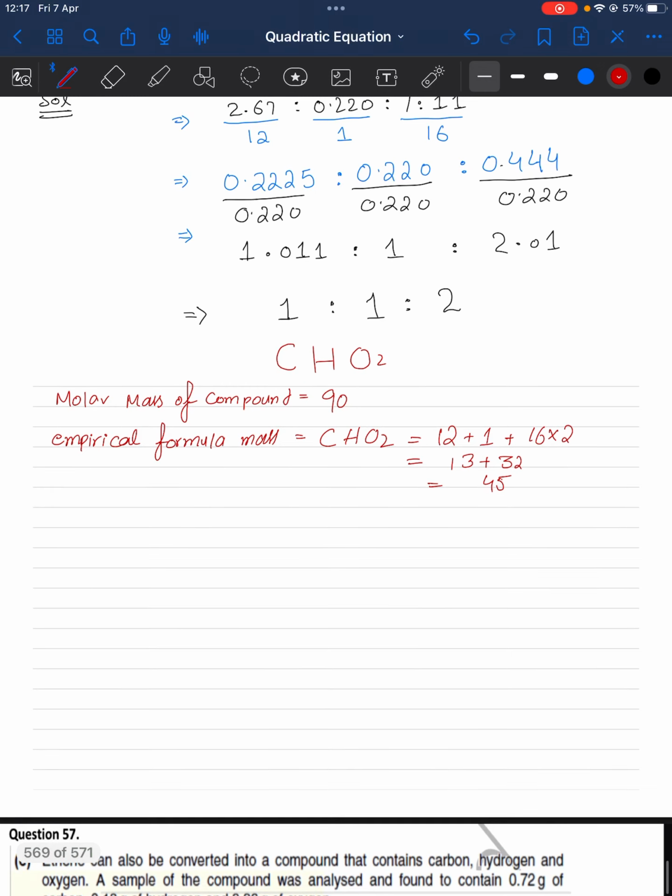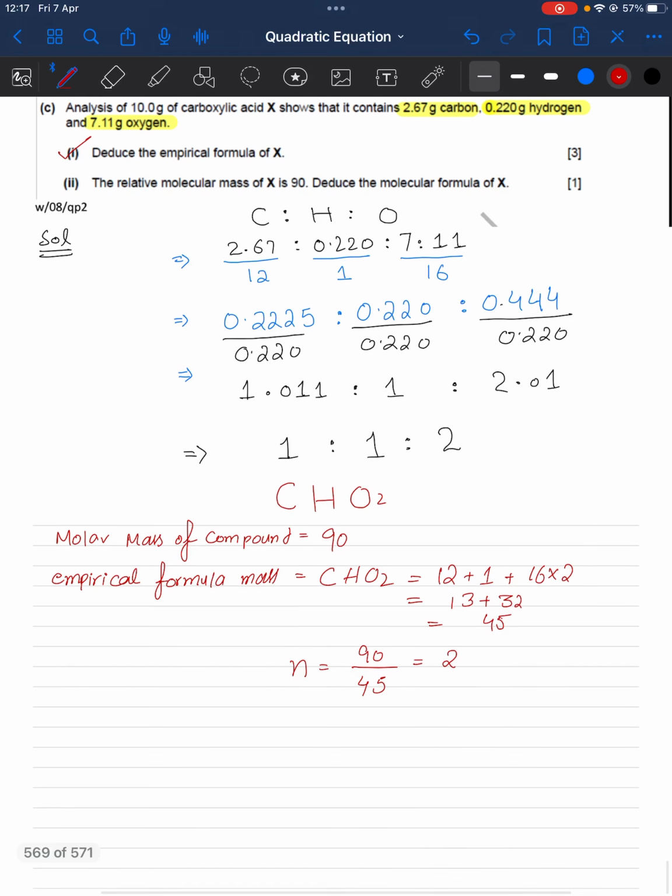So it will be 45. We know that n is equal to molar mass over empirical formula mass. So molar mass is 90 and empirical formula mass is 45, and if we divide we will get 2. So the ratio between empirical and molecular formula is 2. So molecular formula is equal to n times empirical formula.